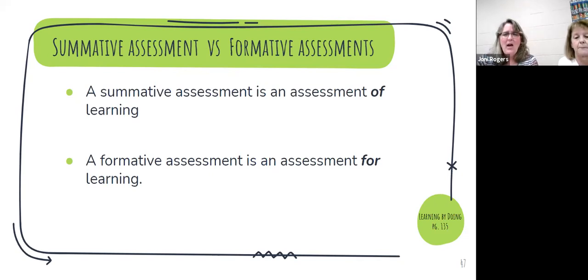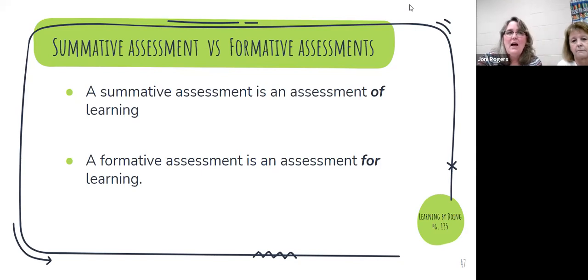And we also have to remember that when we come to our team meetings and we're looking at all this data, sometimes it's hard because you might feel disappointed because one teacher may have more students that mastered the skill and another teacher didn't.